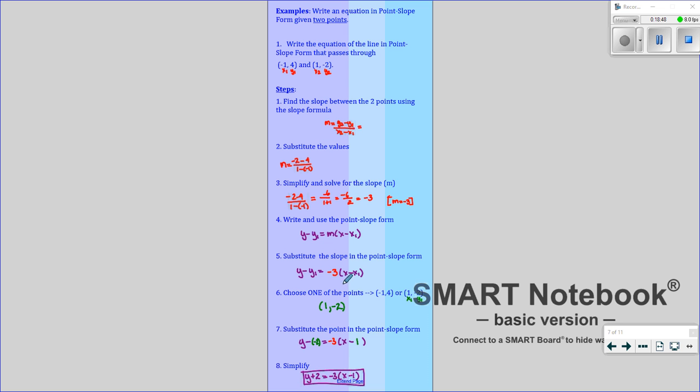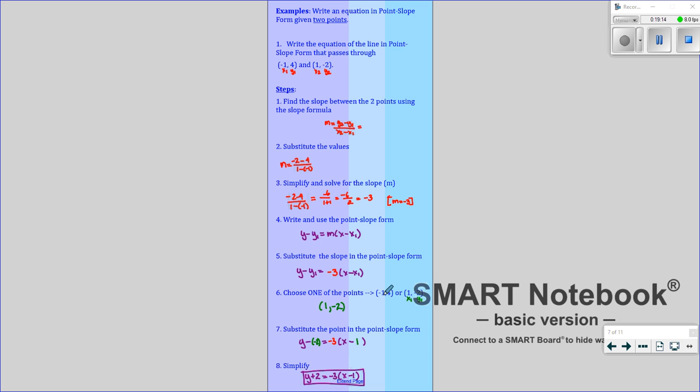Then we substitute the slope. We substitute the point. We choose one of the 2 points that we're given. We're not using both. We're only using one of them. We plug it into the point slope form. And then we simplify, resisting the urge to distribute the other side, where it says -3 times x minus 1. And then we leave it in the point slope form.